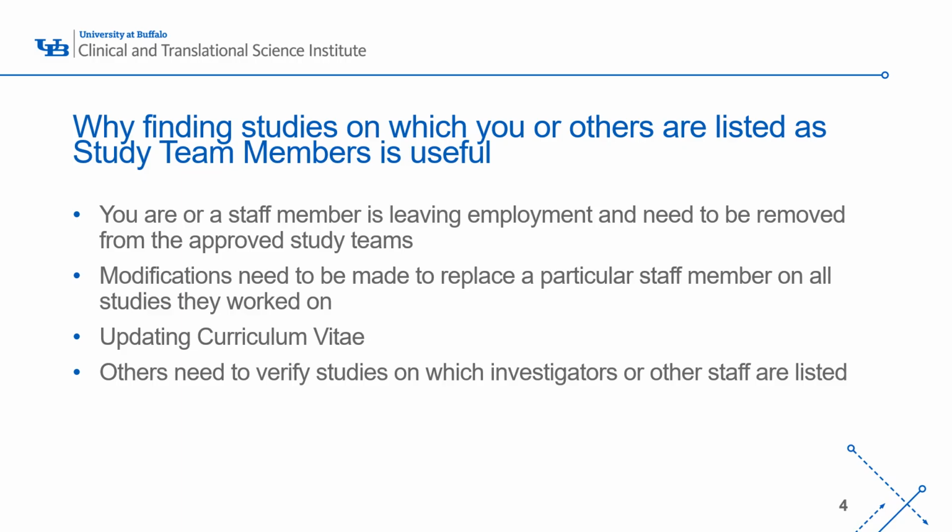There may be other reasons to identify an individual's or department's studies. For example, you may need to identify all approved studies from a specific PI or group of PIs, or identify any lapsed studies so that they can be closed or submitted for continuing review.